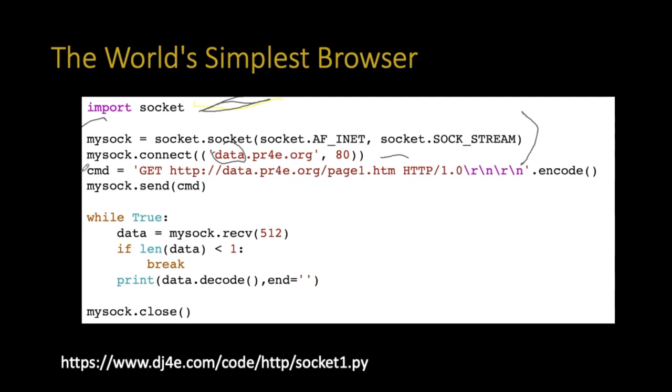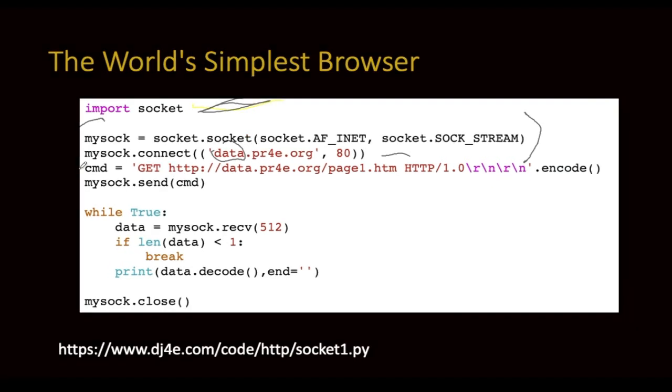Now you could put try and excepts around this, but I want to keep this really short, so I'm not putting in all the error checking. So connect might blow up. Socket.socket won't blow up, unless you don't have networking at all in your computer, but that's unlikely these days. But mysock.connect is like dial the data phone to this endpoint, and it includes the port 80 that we talked about before.